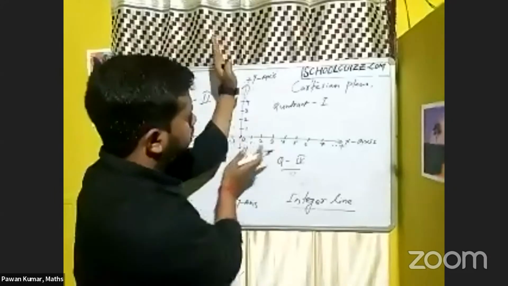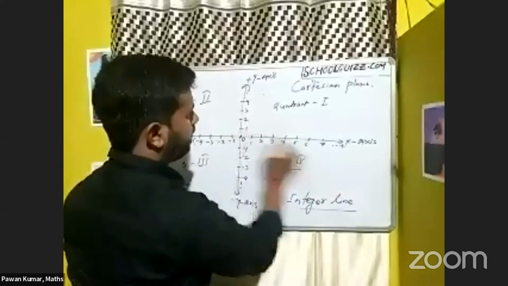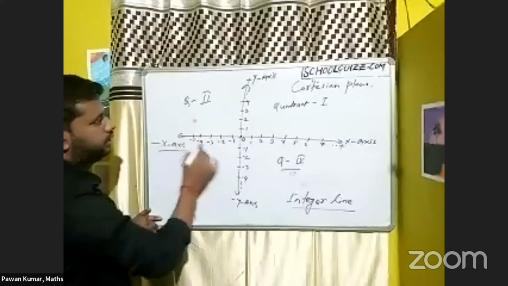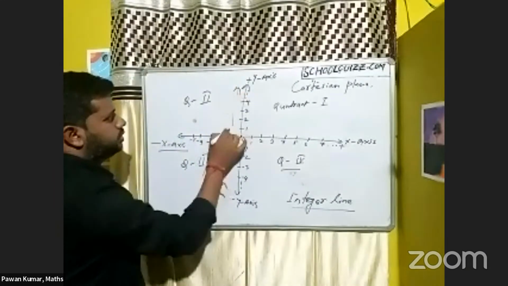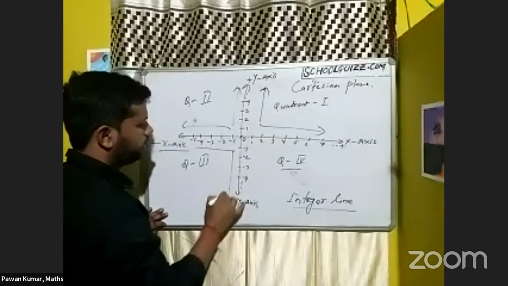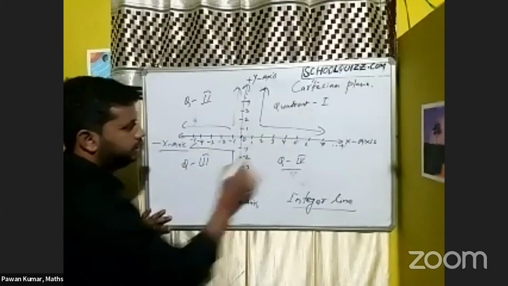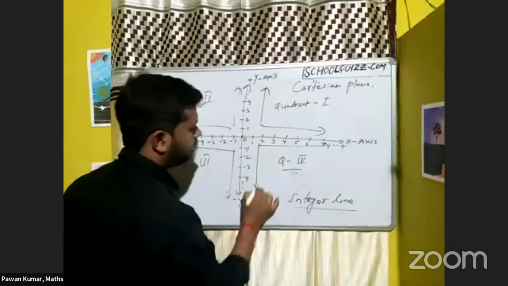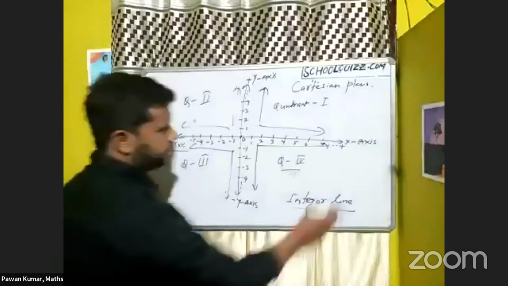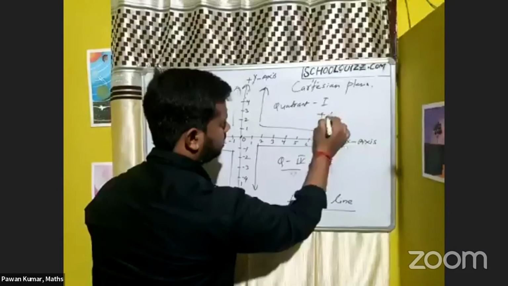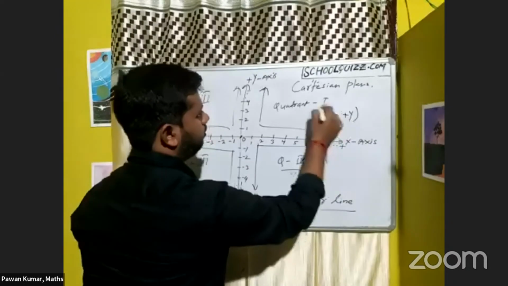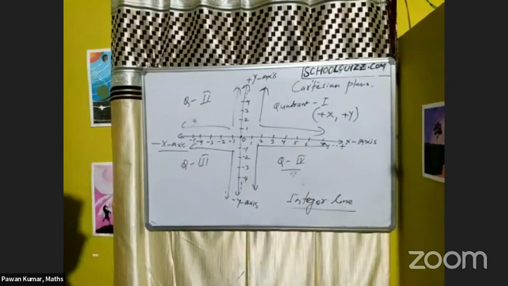These two lines cover quadrant one, similarly these two lines cover this one, and these two lines cover this quadrant, and these two lines cover this side. So basically, positive x and positive y will be in the first quadrant.